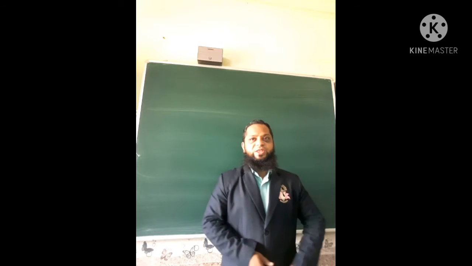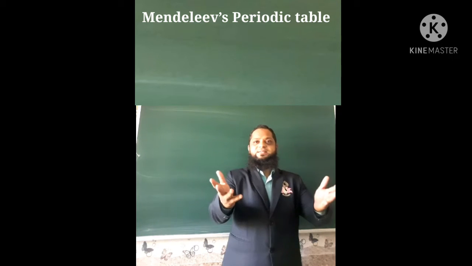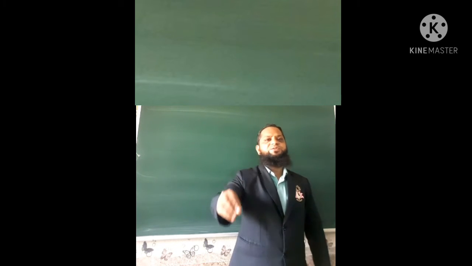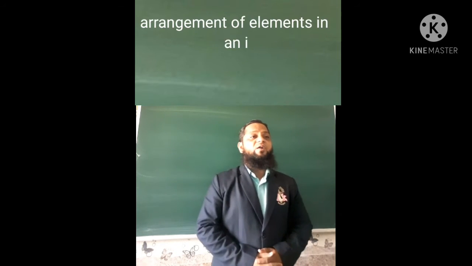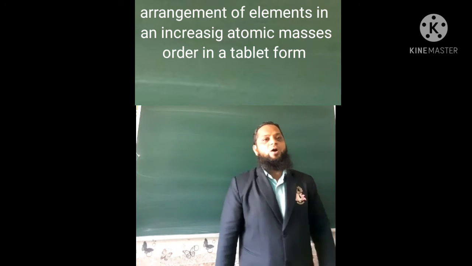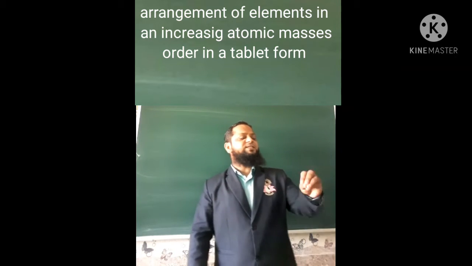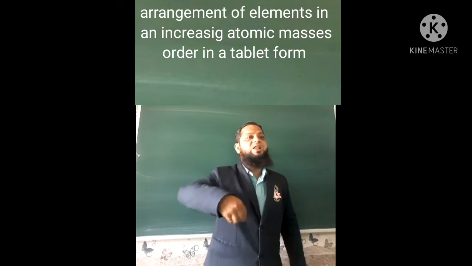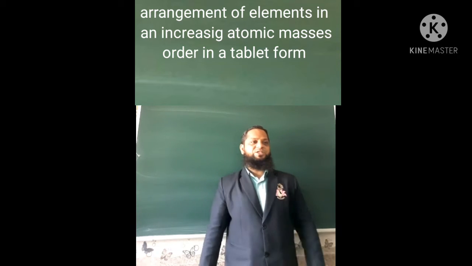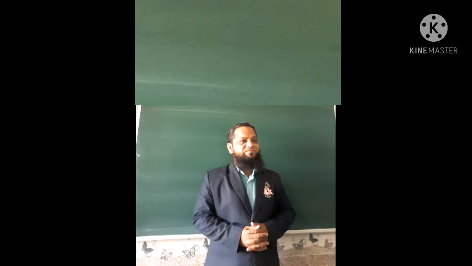Let's begin with Mendeleev's periodic table. What is Mendeleev's periodic table? Dear children, Mendeleev's periodic table is an arrangement of elements in increasing atomic masses, ordered in a table form such that it reflects similarities and trends in the behavior of elements. How did Mendeleev arrange elements?